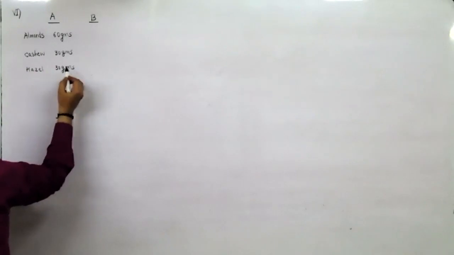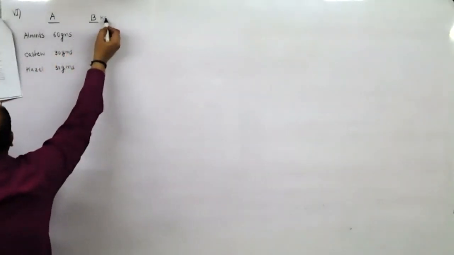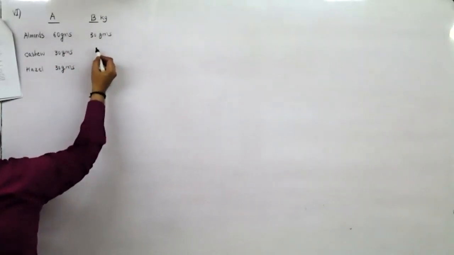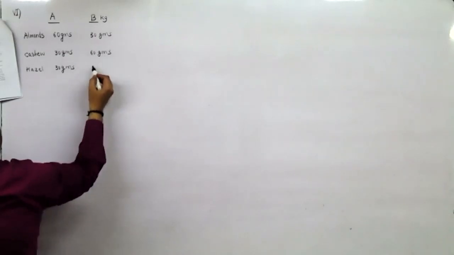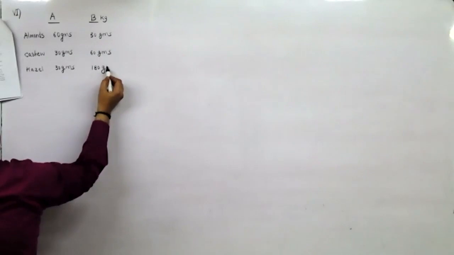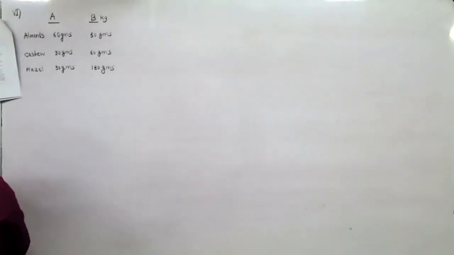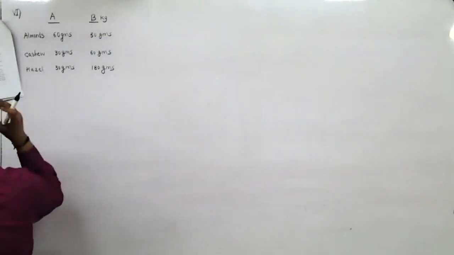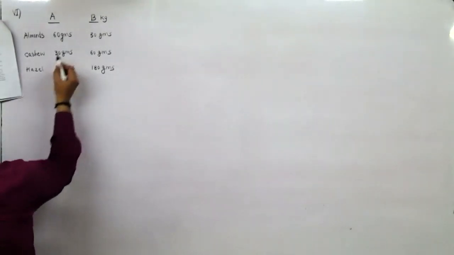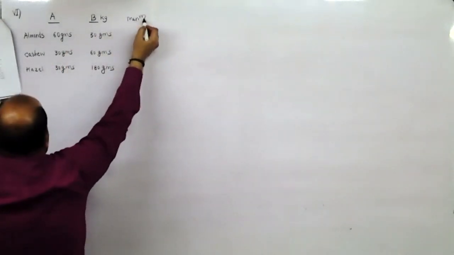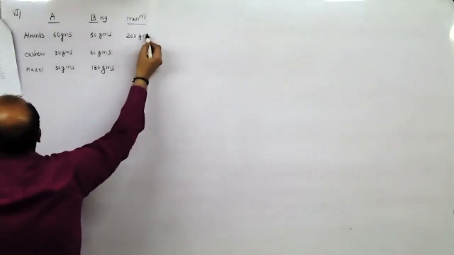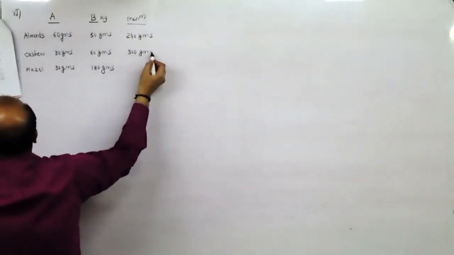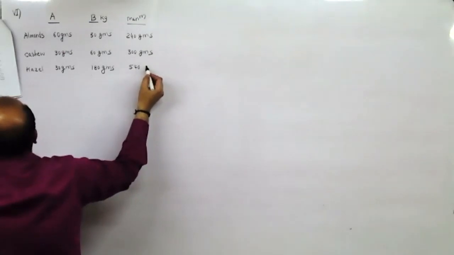Each kg of mixture B contains 30 grams of almonds, then 60 grams of cashew, 180 grams of hazelnut. The dealer is contemplating using mixtures A and B to make a bag which will contain at least, minimum, 240 grams of almonds, 300 grams of cashew, and 540 grams of hazelnut.